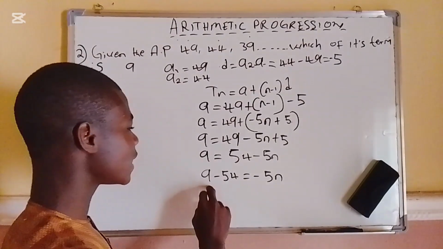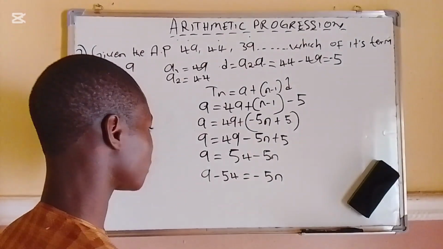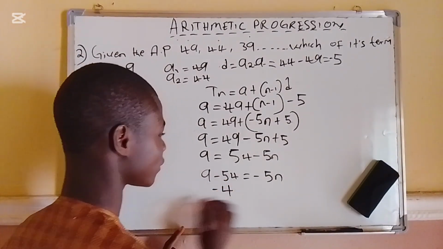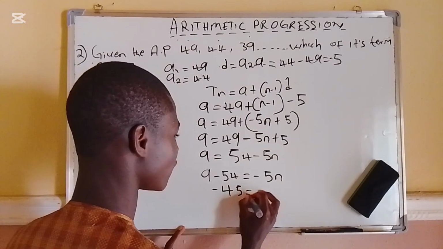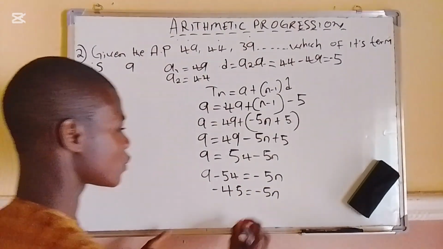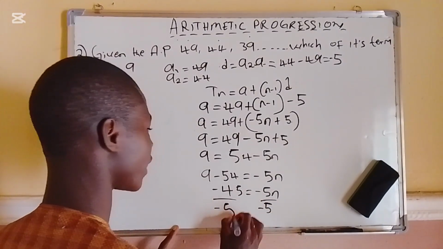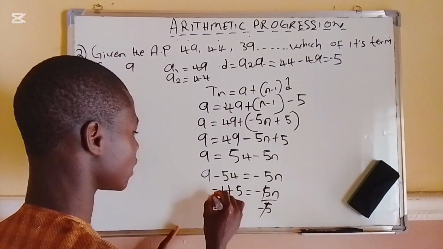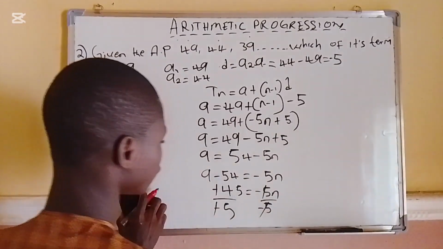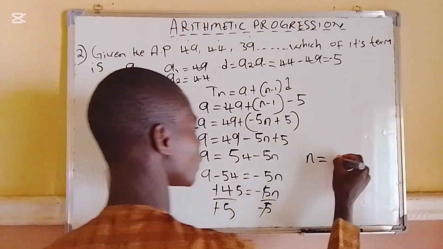So 9 minus 54 will automatically be minus 45, which is equal to minus 5n. So if I divide both sides by minus 5, the negative sign will cancel the negative sign, and therefore n is equal to 45 divided by 5, which is equal to 9.